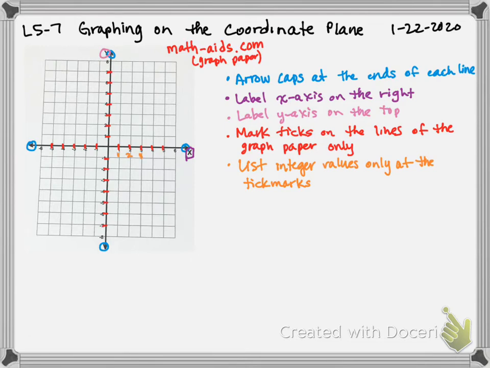There's 1, 2, 3, 4, 5, 6. This is -1, -2, -3, -4, -5, -6, -7, and so on. So you can see those marks, they're numbers that are there. I can just kind of circle them up a little bit for you. Okay? And then here as well.